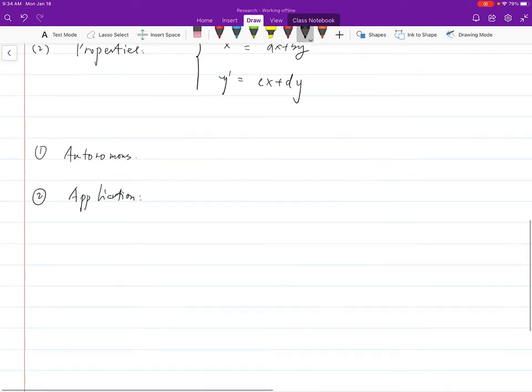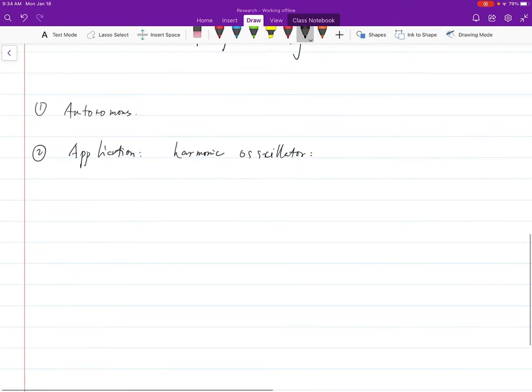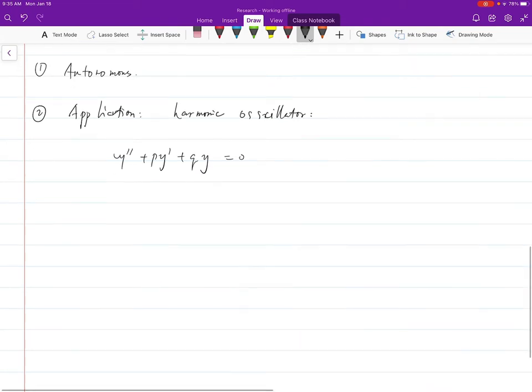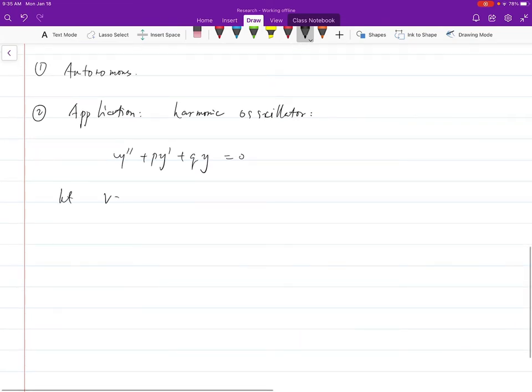A very typical one we have seen so far is the harmonic oscillator, where we have y prime prime plus py prime plus qy equals 0. We let v equals y prime.